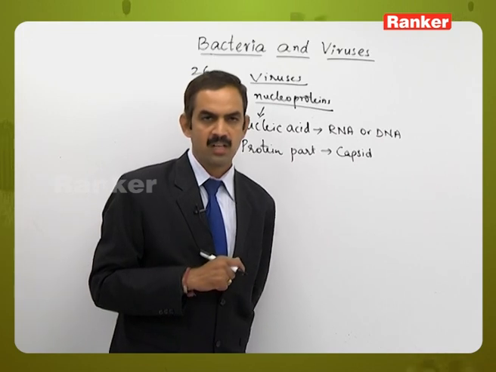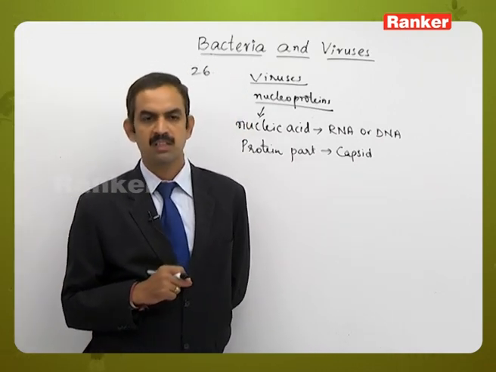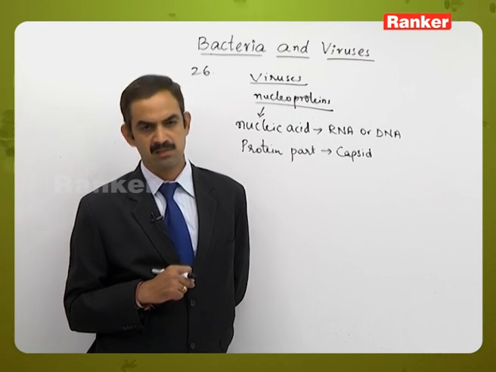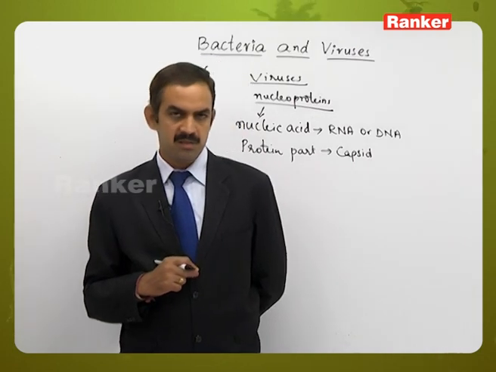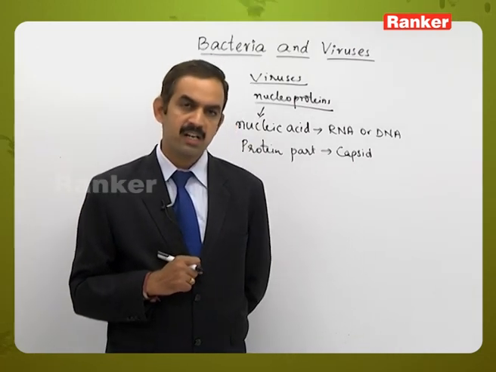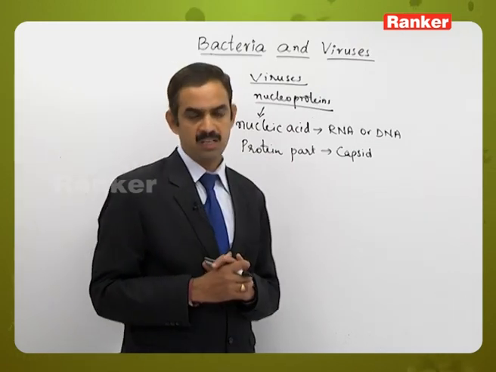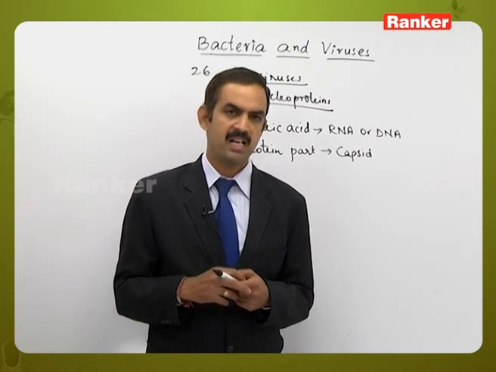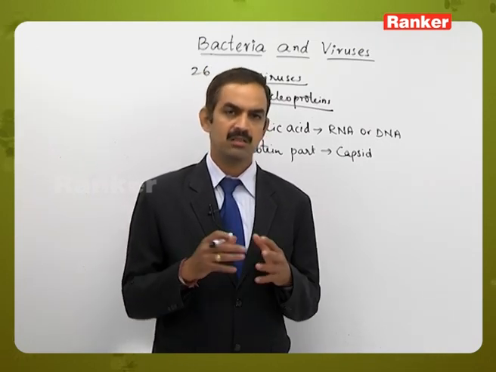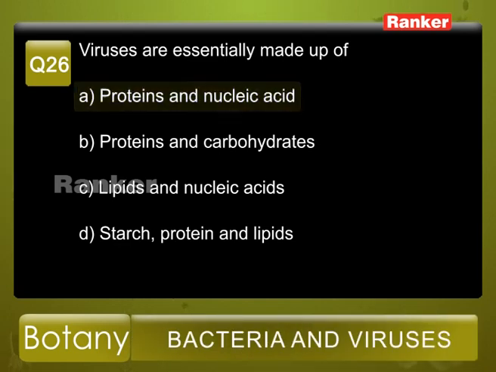This is the general organization that can be seen in the viral particles which are made up of the proteins and the nucleic acids. But exceptionally, there are some viruses which contain carbohydrates also along with the nucleic acid part and the protein part. But in general, the majority of the viruses will have proteins and nucleic acid in their composition. So from the given options, option A is the correct answer.